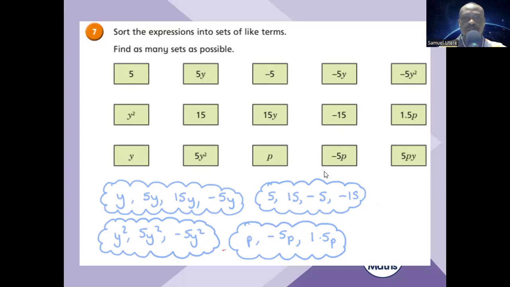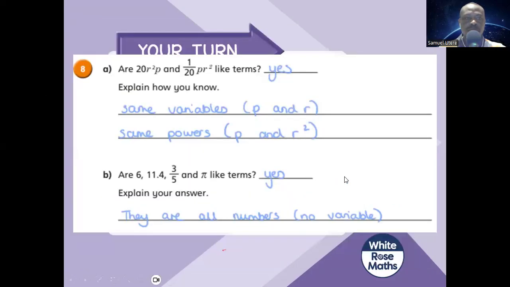Let's look at the answers to question 8. Here you ask, are 20r squared p and 20p r squared like terms? Yes. Don't forget, these can be commutative. So what did we say like terms are?